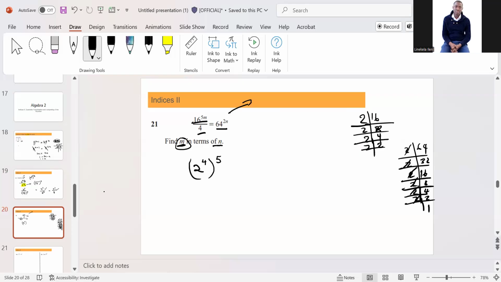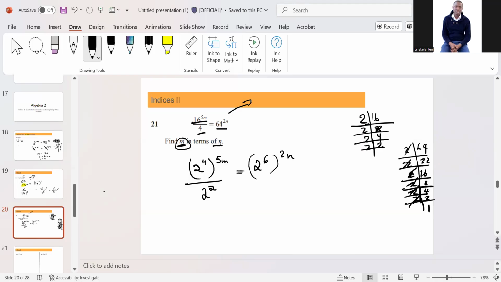Okay, then I'll just put the 5m outside. 4, I can also make the base the same. 4 is just basically 2 to the power of 2, which we could have also done the same way. And then this now becomes 2 to the power of 6 to n.